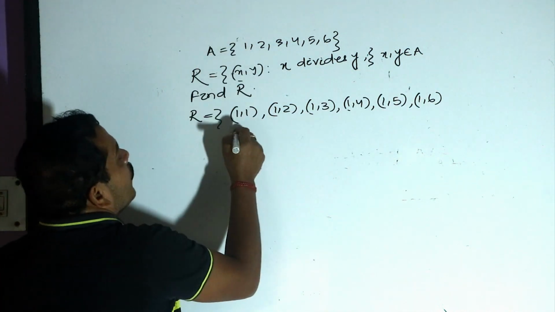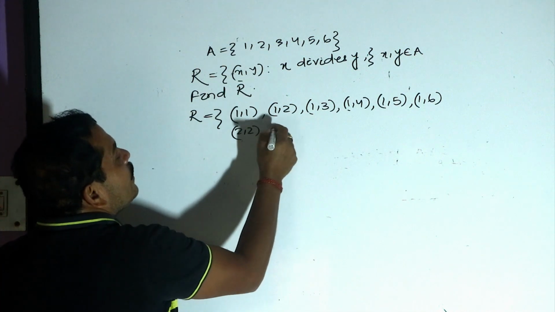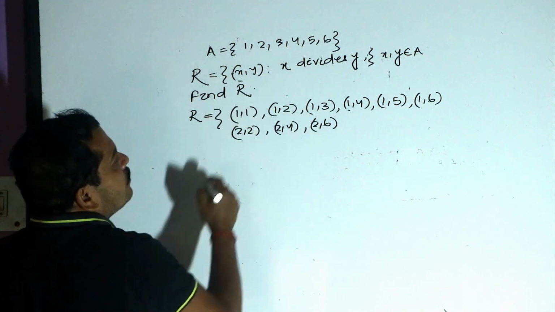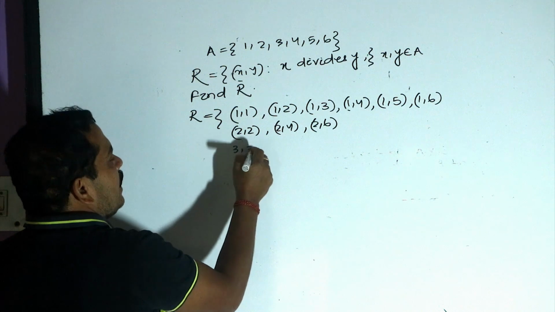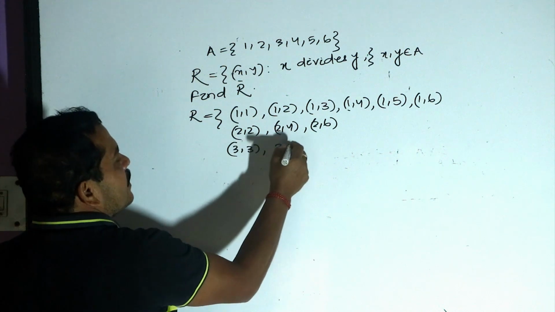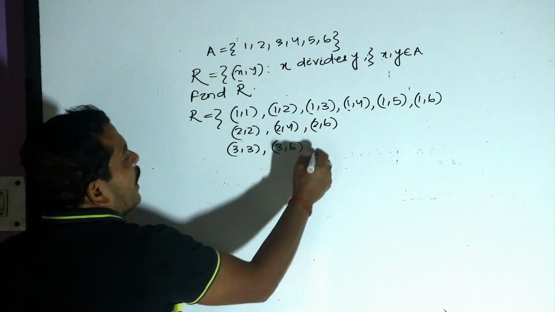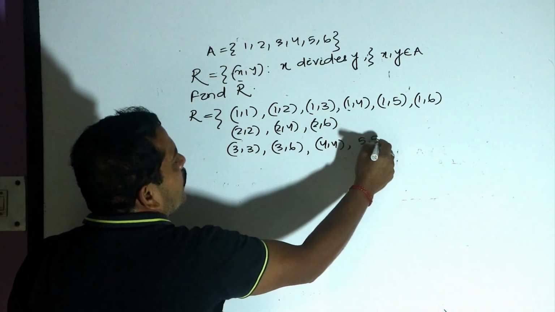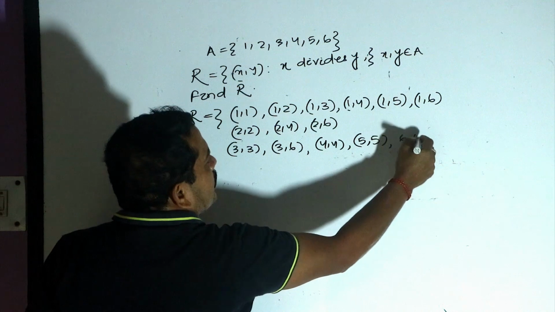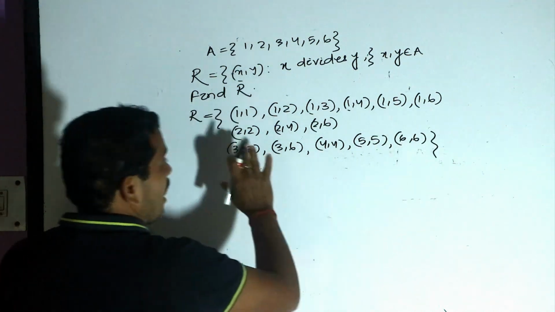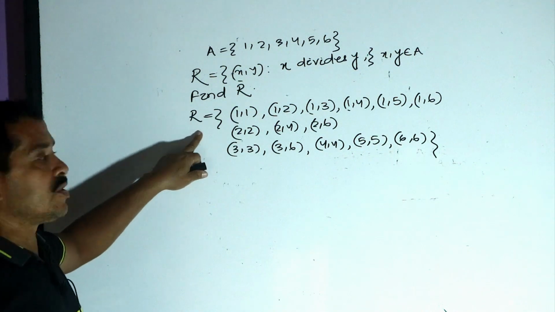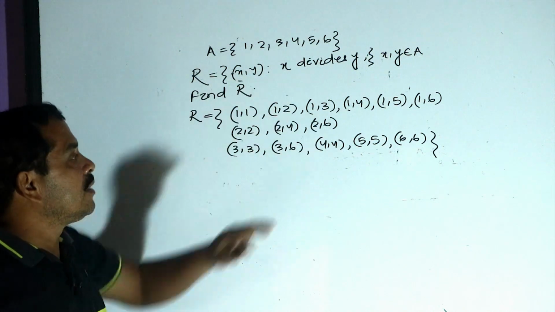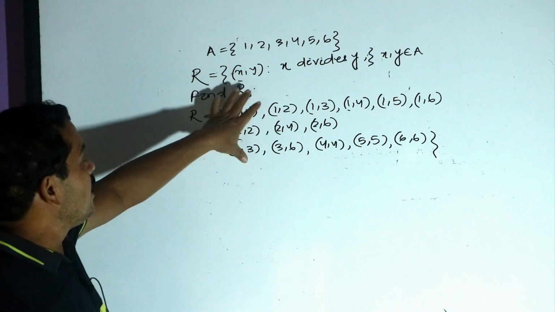Next (2,2), then (2,4), and (2,6). Next (3,3) and (3,6). Next (4,4). Next (5,5) and (6,6). These are the elements of this relation. With this condition, we pair up these elements, and this is the relation R.